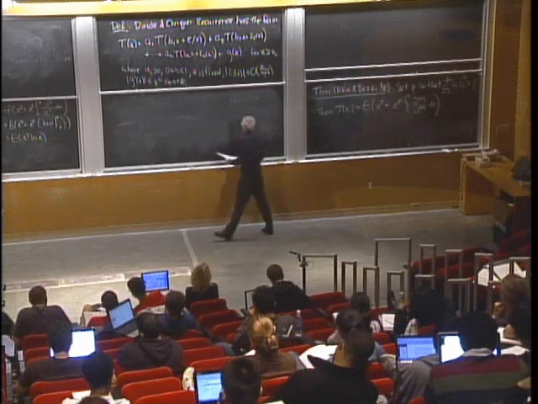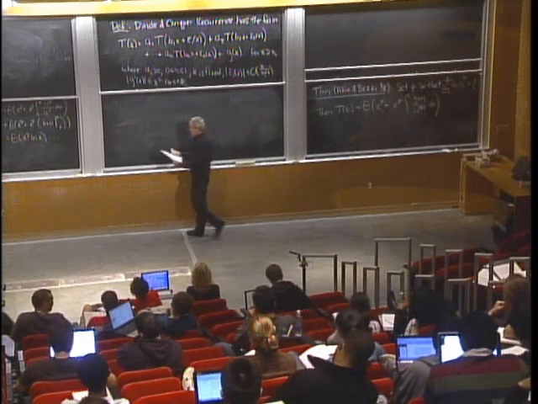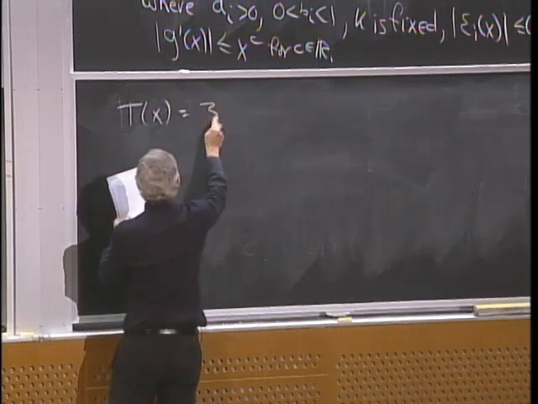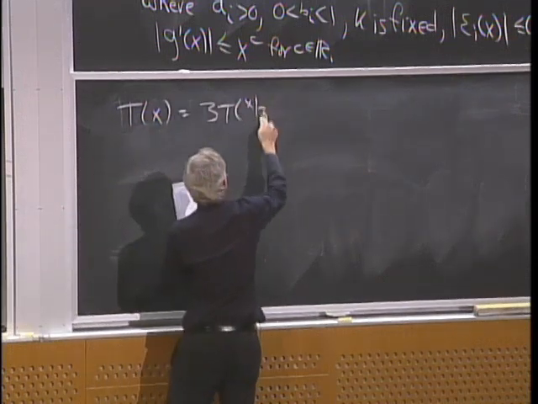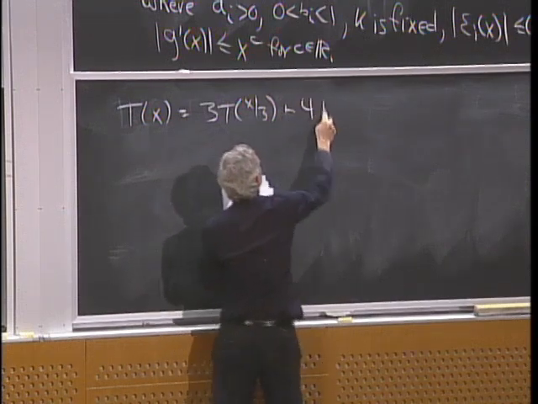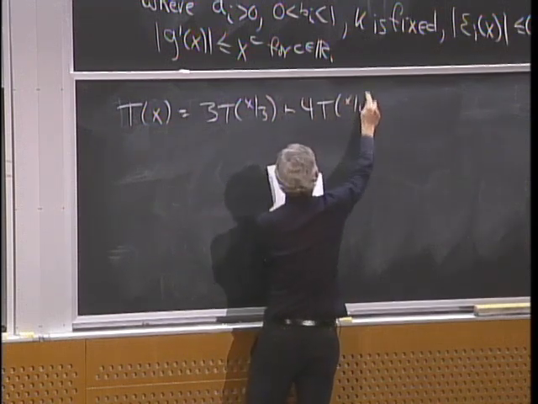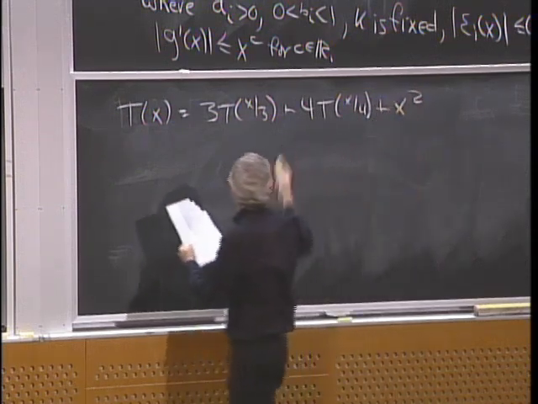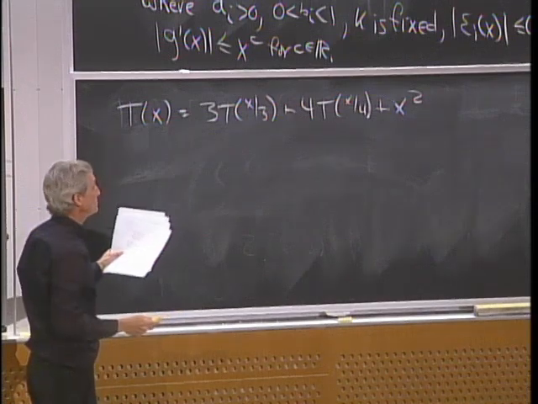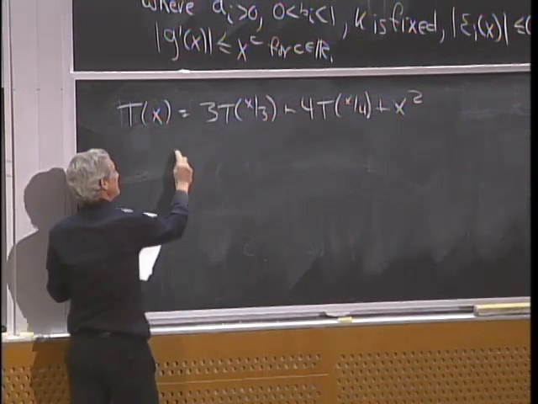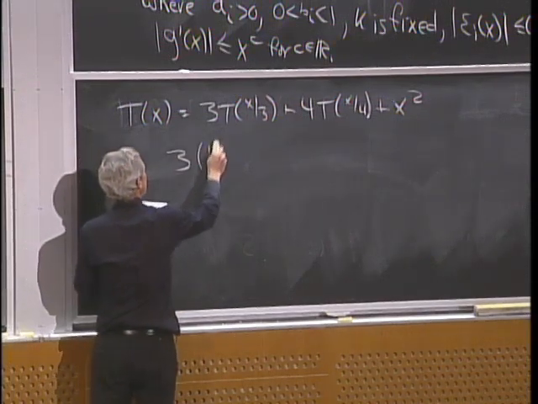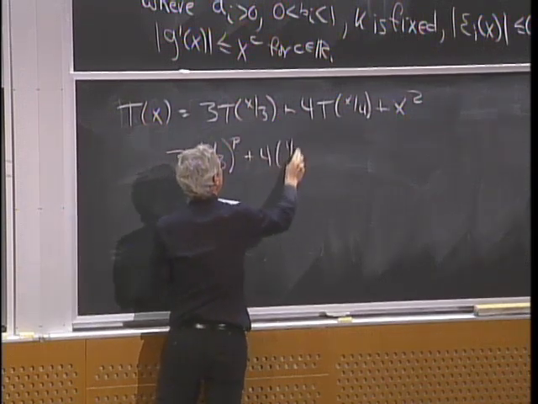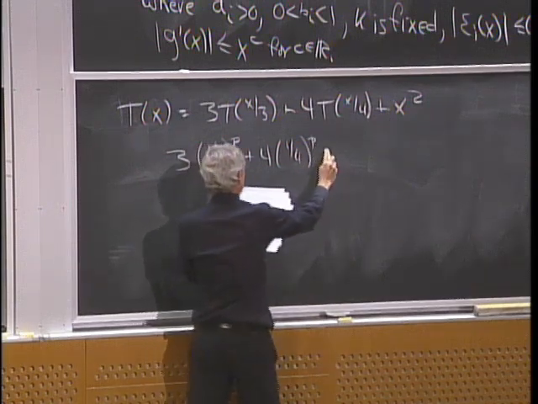Let's look at this recurrence. T(x) equals 3T(x/3) plus 4T(x/4) plus x squared. All right, so that's the recurrence. The first step is to compute p, and this time it's not going to be nice. I need to find a p such that 3 times a third to the p plus 4 times a fourth to the p equals 1.